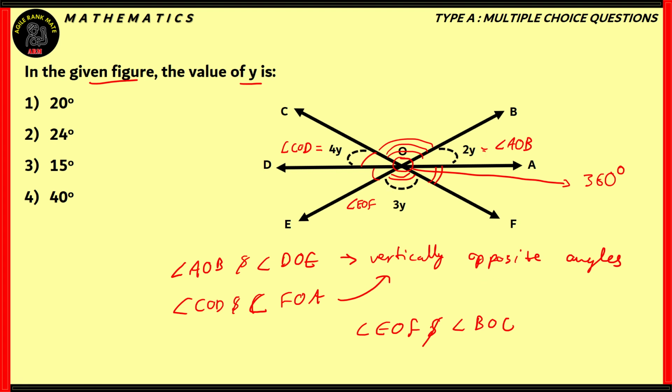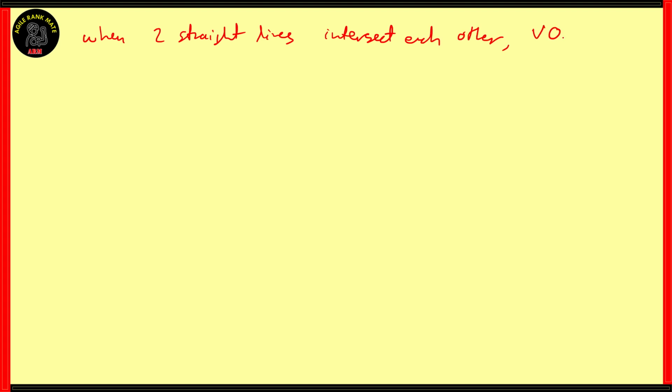Now, if two straight lines cross each other, then the rule is, when two straight lines intersect each other, the vertically opposite angles, that is VOAs, are equal.